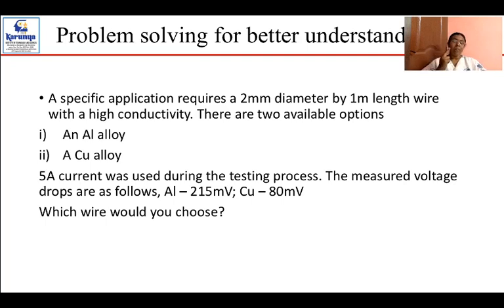There are two available options: an aluminum alloy and a copper alloy. Through each of these, we are going to pass a current of 5 ampere for testing. The measured voltage drops in both these cases are given. For aluminum, it is 215 millivolt. For copper, it is 80 millivolt. The question here is, which wire would you choose?